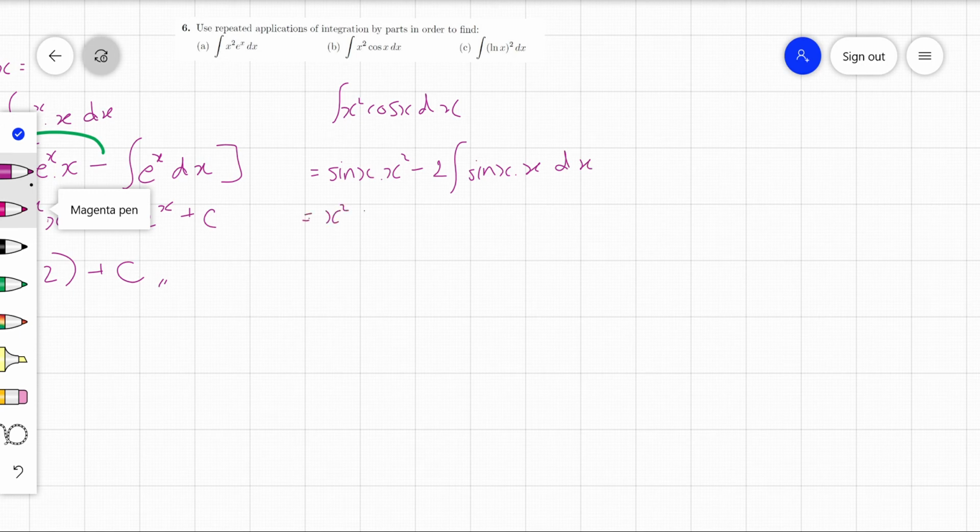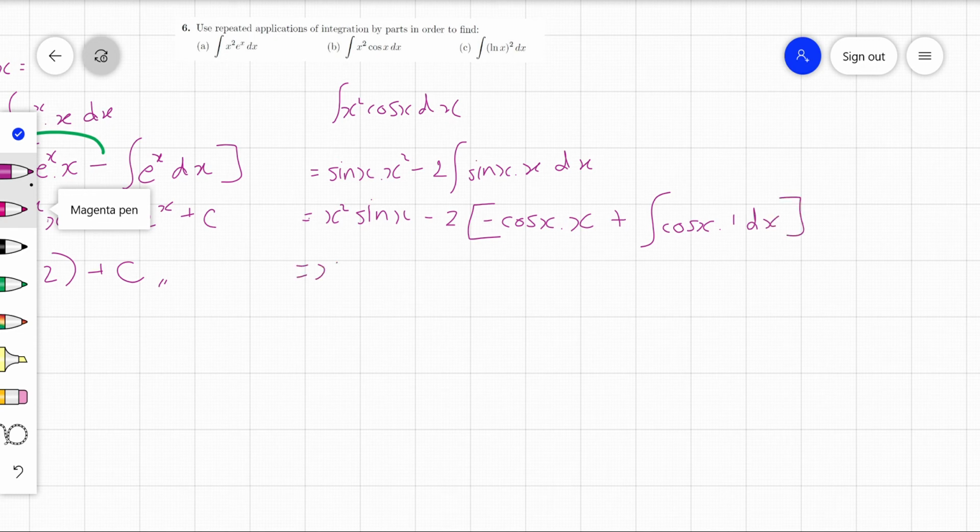So I've got x squared sin x minus 2 lots of, do the same thing. So I'm going to integrate sin x, so I'll get minus cos x, and leave that one, and then I've already integrated and I got minus cos x, so I'm going to change this to a minus, so minus cos x, and differentiate the x, so I just get a 1 dx.